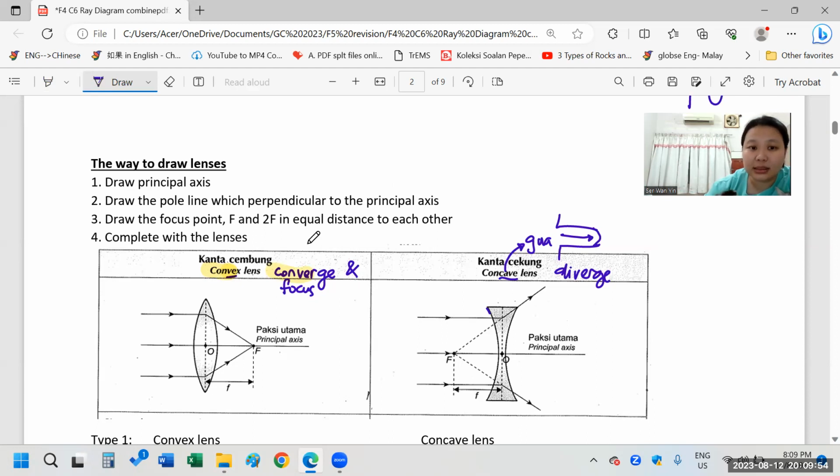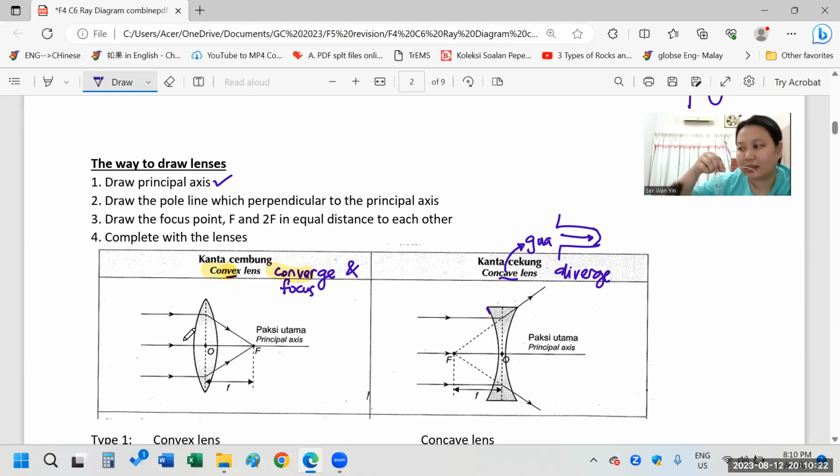Okay, now how to draw a lens? First of all, draw the principal axis. What is the principal axis? It is an imaginary line that passes through the center of the lens. So this is a lens. Then where is the line?